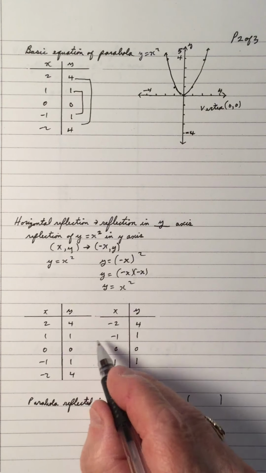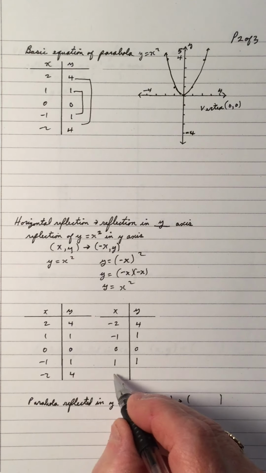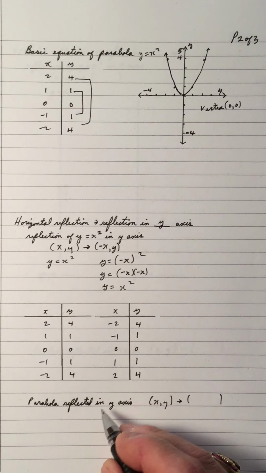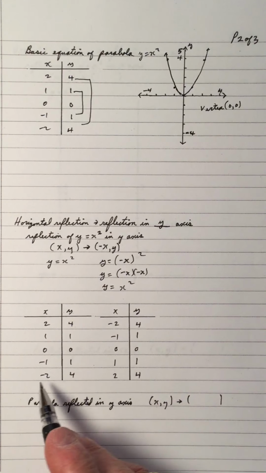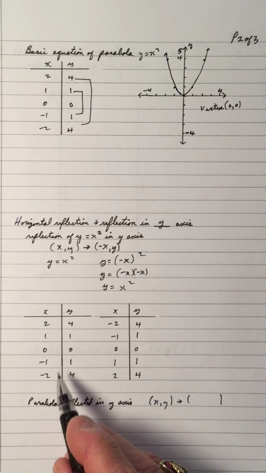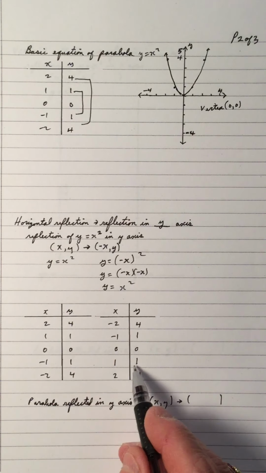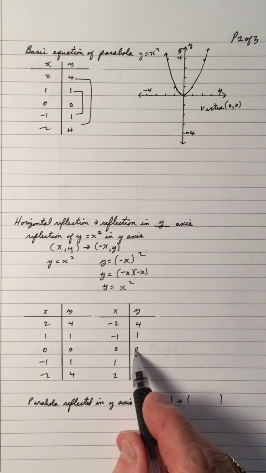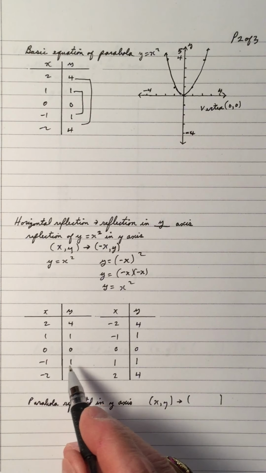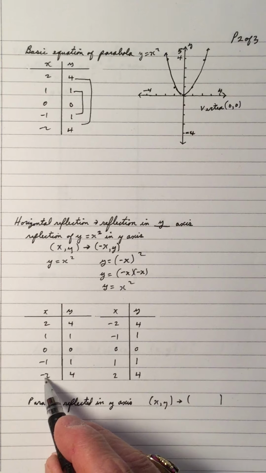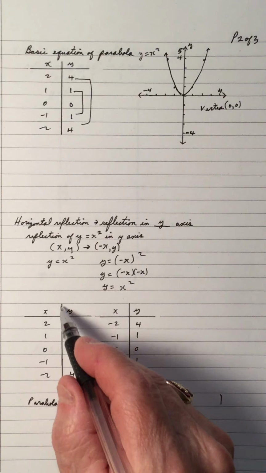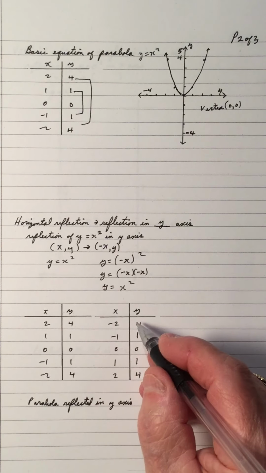You change the x, which is negative 2, to a 2, the y doesn't change. And notice that we have the same values. So 2, 4 is still here. 1, 1 is right there. 0, 0 stays. Negative 1, 1 is right here. Negative 2, 4 is here. So this table of values is the same as this table of values.